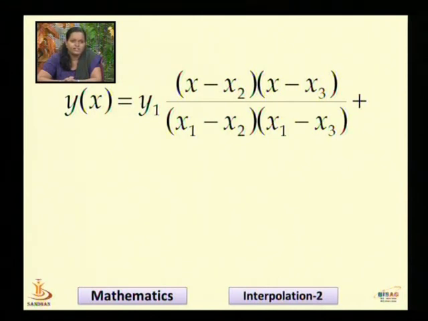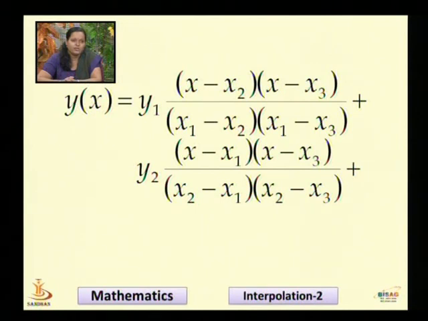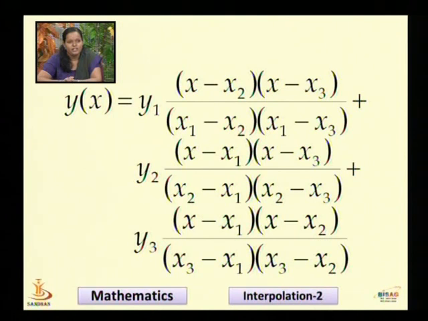Y at x is equal to y1 into (x minus x2)(x minus x3) divided by (x1 minus x2)(x1 minus x3), plus y2 into (x minus x1)(x minus x3) divided by (x2 minus x1)(x2 minus x3), plus y3 into (x minus x1)(x minus x2) divided by (x3 minus x1)(x3 minus x2). Since the table consists of only 3 tabulated points, we are having 3 terms in Lagrange's polynomial.